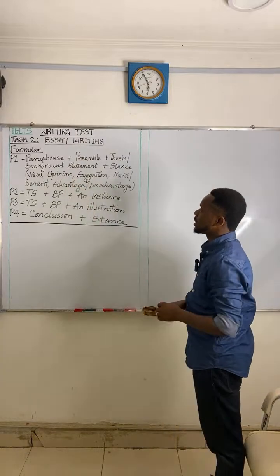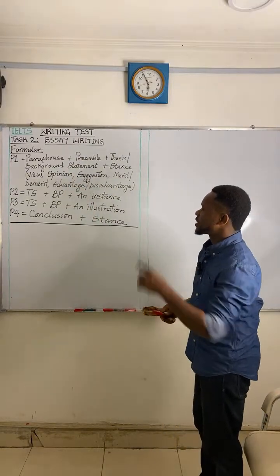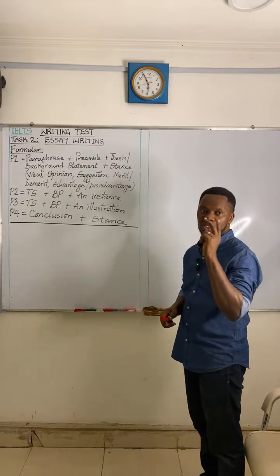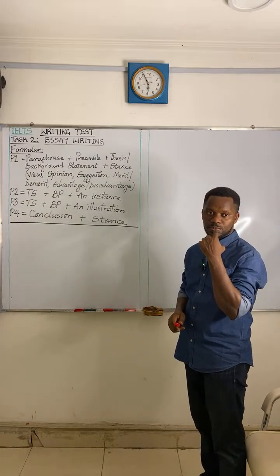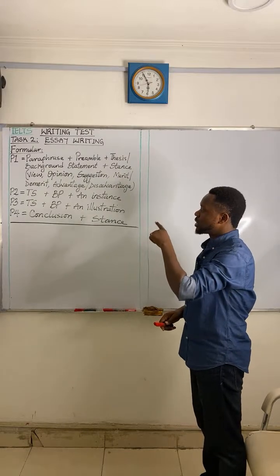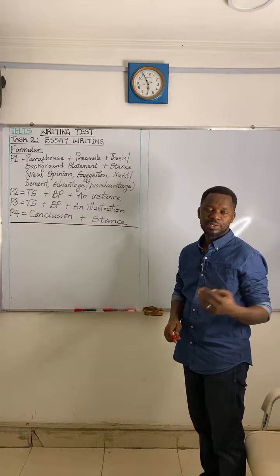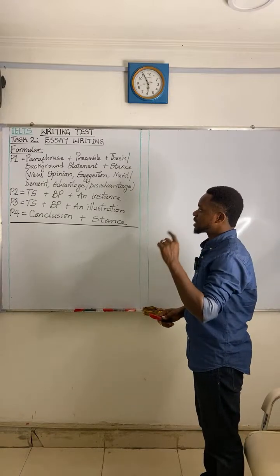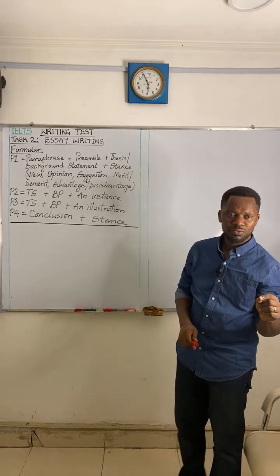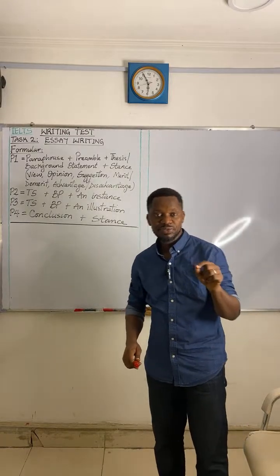And just for your own record too, task 1 requires you to spend 20 minutes, while task 2 requires you to spend 40 minutes. In task 1, you are expected to write a minimum of 150 words.